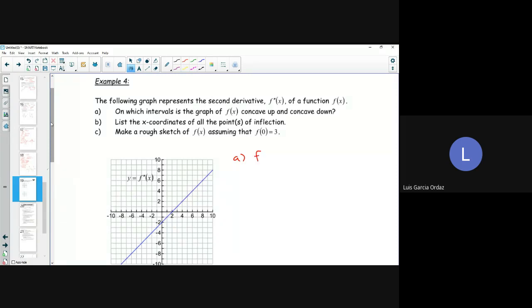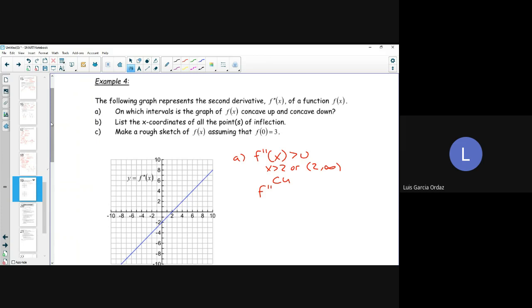So that means where the double derivative, the second derivative of f of x, is greater than 0. So looking at this graph, when is the second derivative graph greater than 0? Yep, so it's when x is greater than 2, or from 2 to positive infinity, it is concave up.